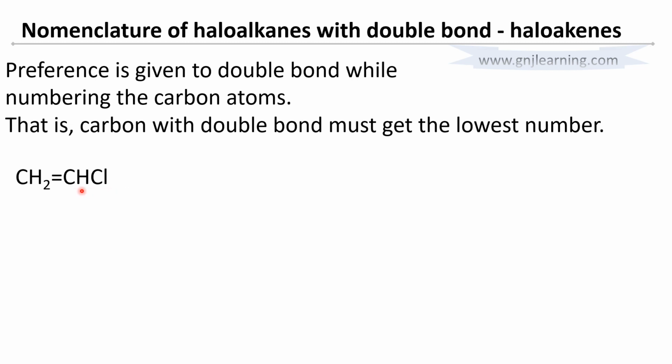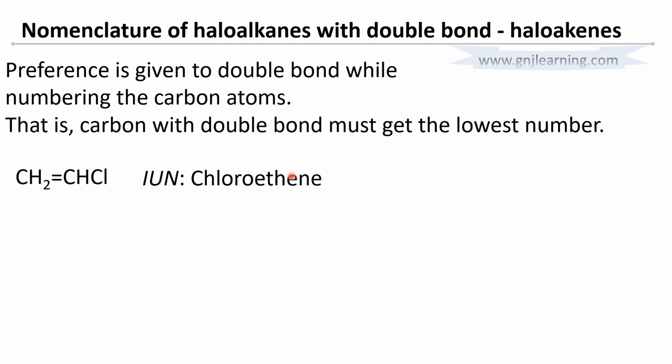We can simply say that it is chloroethene, because only this compound is possible. 2-chloroethene is not possible, only one chloro. Even if this chlorine switches position, it is still chloroethene. Clear? This is the simplest compound, and in the IUPAC name it is chloroethene.